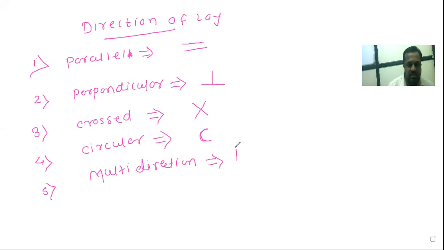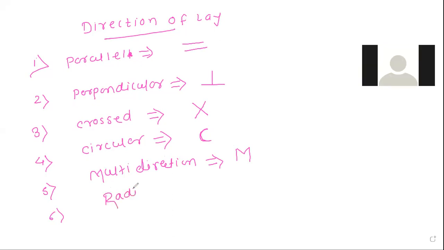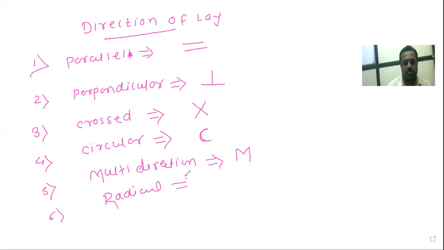M. Just draw the M. Then next, radial. Then the symbol for the radial is the R.